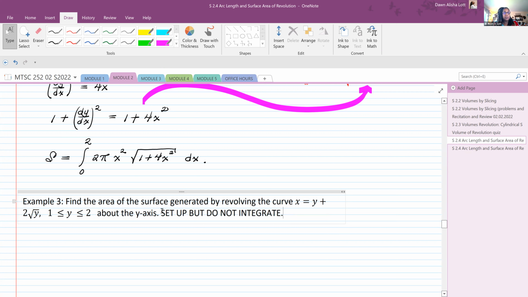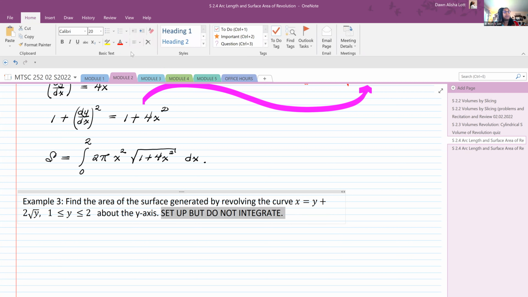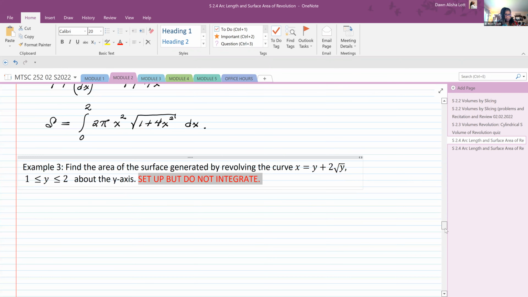Here's another one. Set it up, but don't integrate it. So I want everybody to start working to set this problem up. This one is going around the y-axis, so it's going like this. So this one, I'm going to use the other formula.